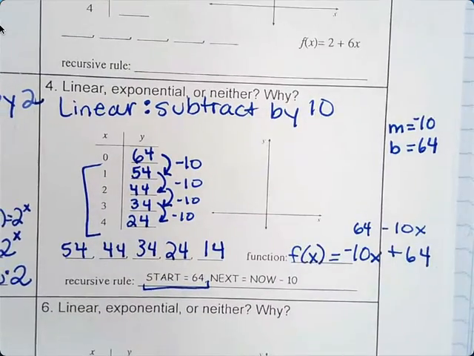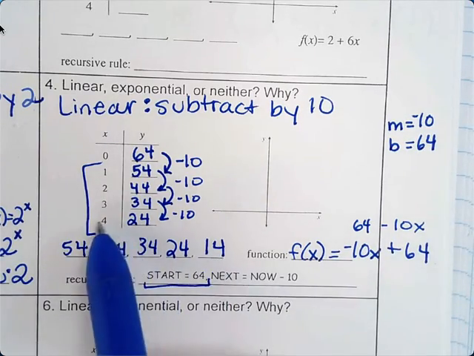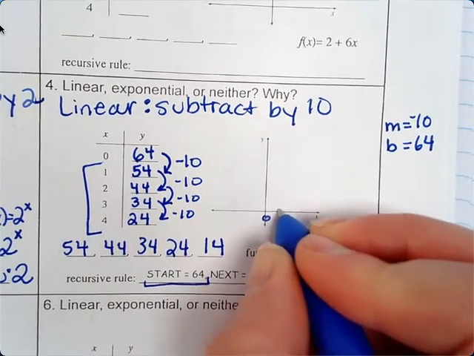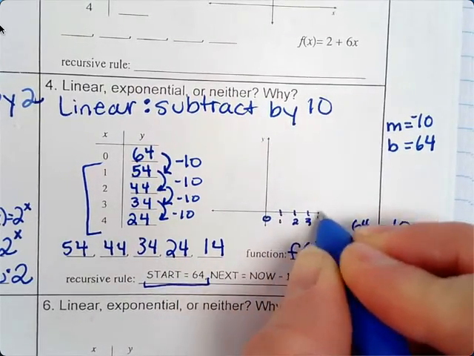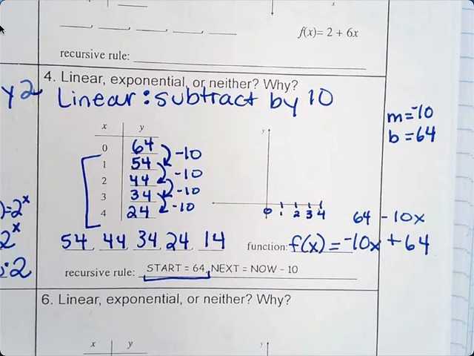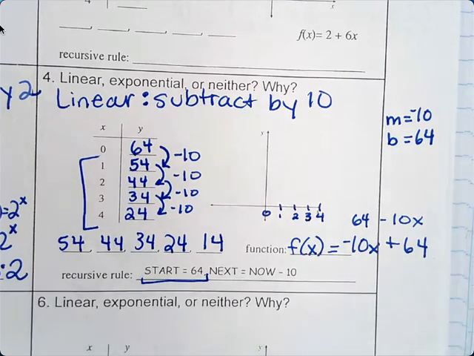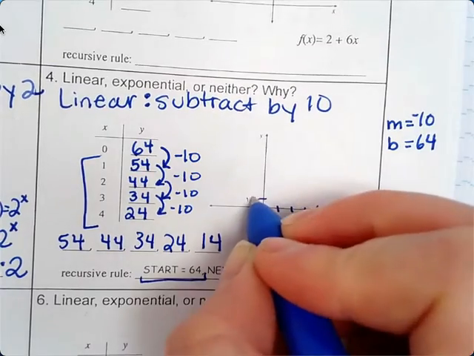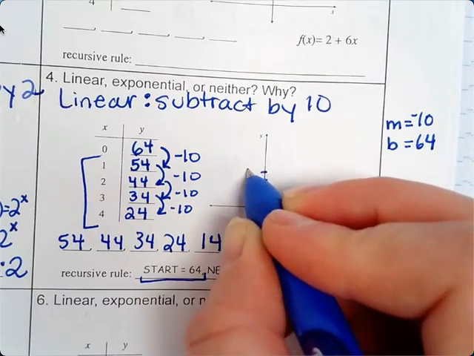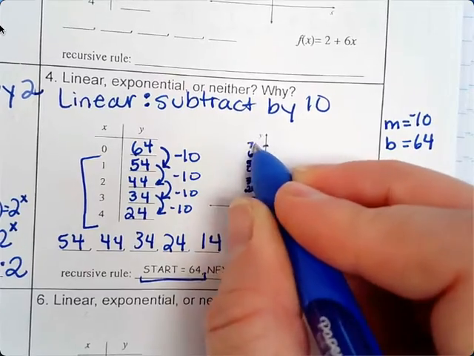Last thing would be to graph it. We could probably get all four going by 64. So let's do 0, 1, 2, 3, 4. What should we go by on the y-axis? Tens? 10, 20, 30, 40, 50, 60, 70.